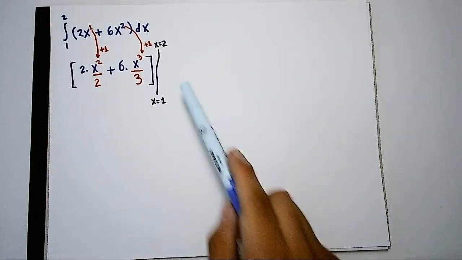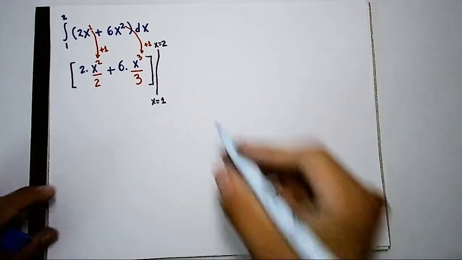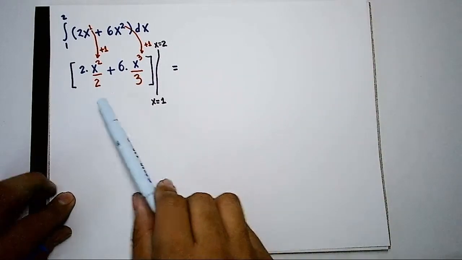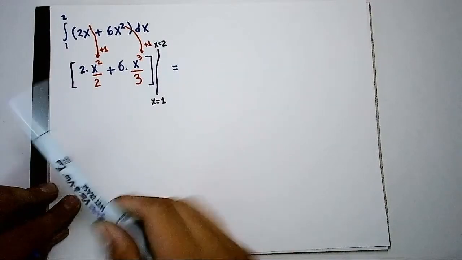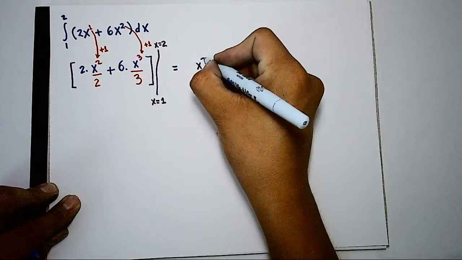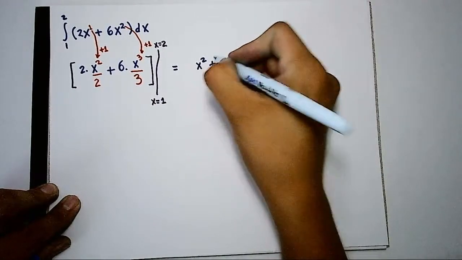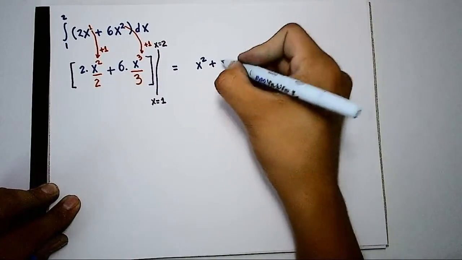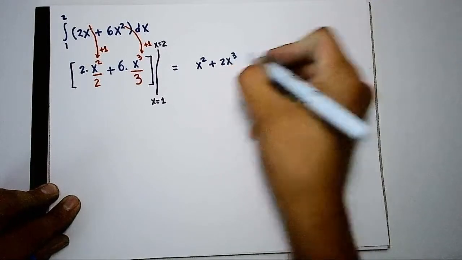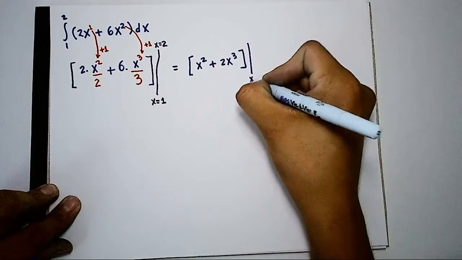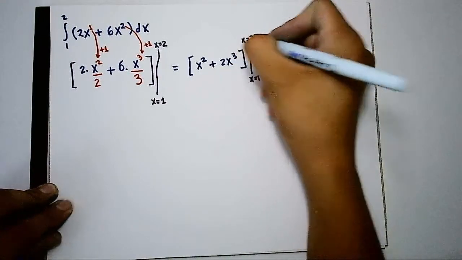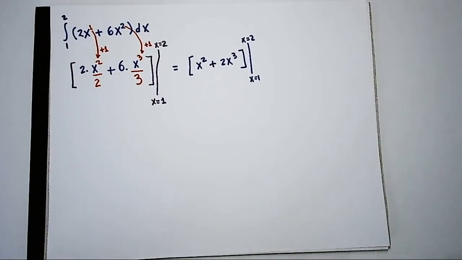Before we start with this computation, let's simplify a little bit. Here 2 divided by 2 is 1, so we have x squared, plus 6 divided by 3 is 2x cubed. And again we write from x equals 1 to x equals 2. Notice the second difference with respect to indefinite integrals. Here we do not write plus C.